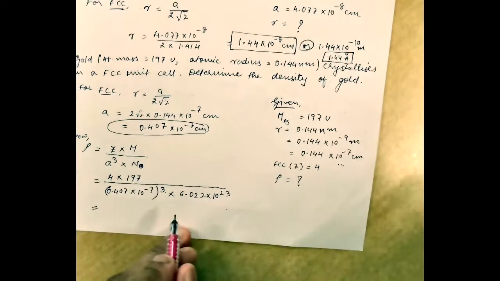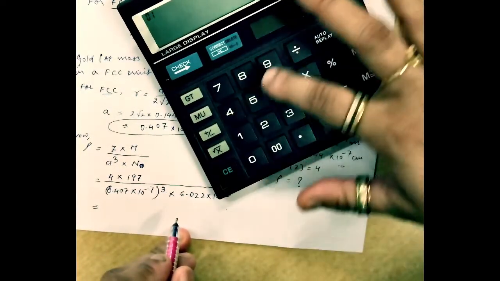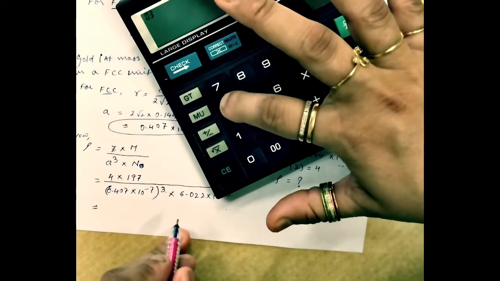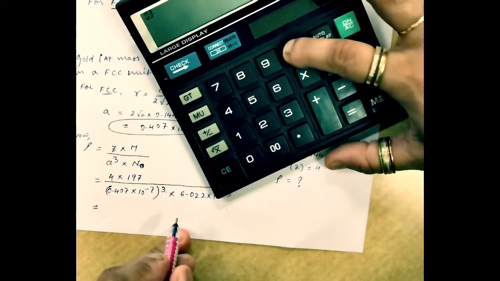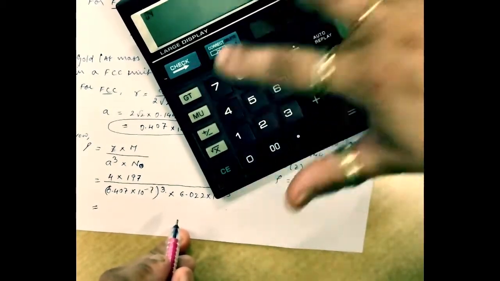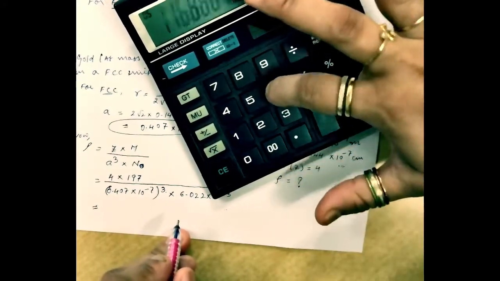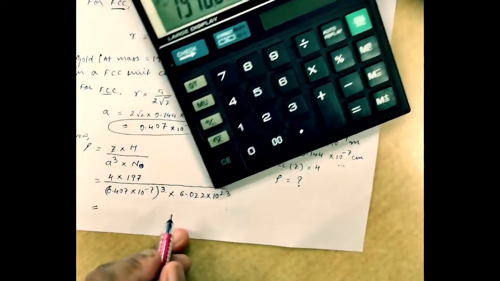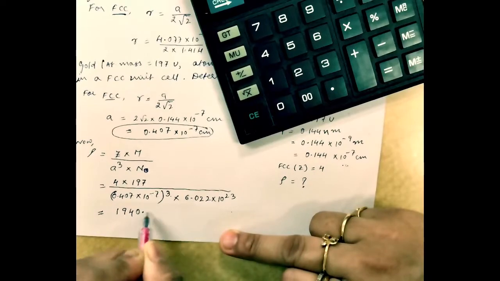So let us calculate. It comes out to be 197 into 4 divided by 0.407 cubed, divided by 6.022. This comes out to be 194.089.